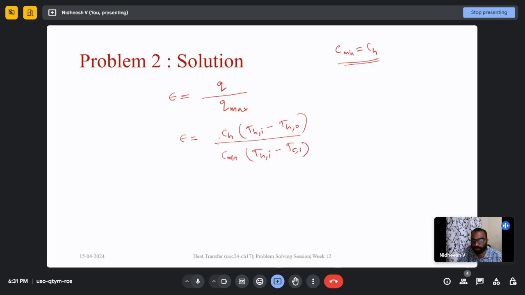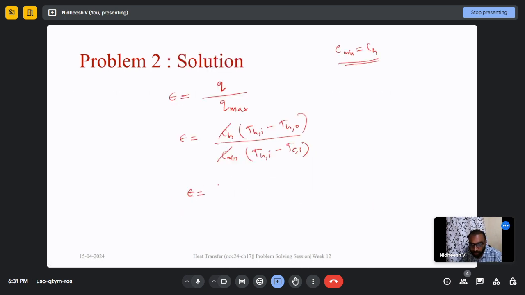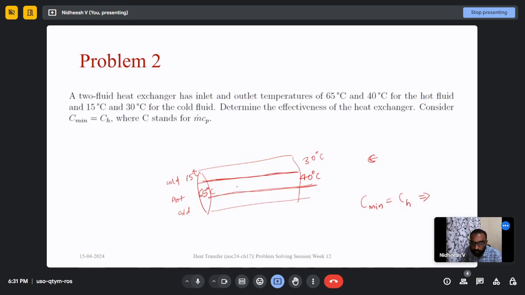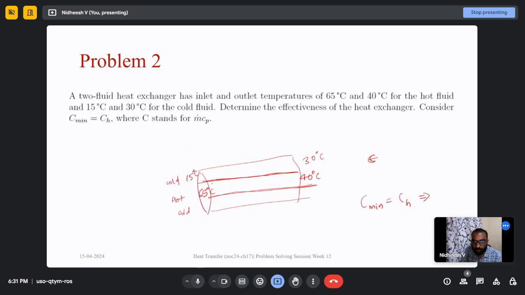C hot and C min were given to be equal in the problem, and effectiveness reduces to T hot inlet minus T hot outlet, that is 65 minus 40 degrees Celsius, divided by T hot inlet minus T cold inlet, 65 minus 15.